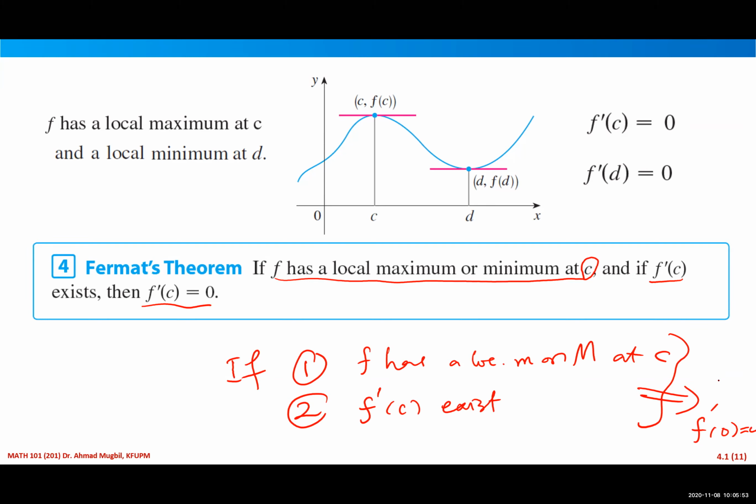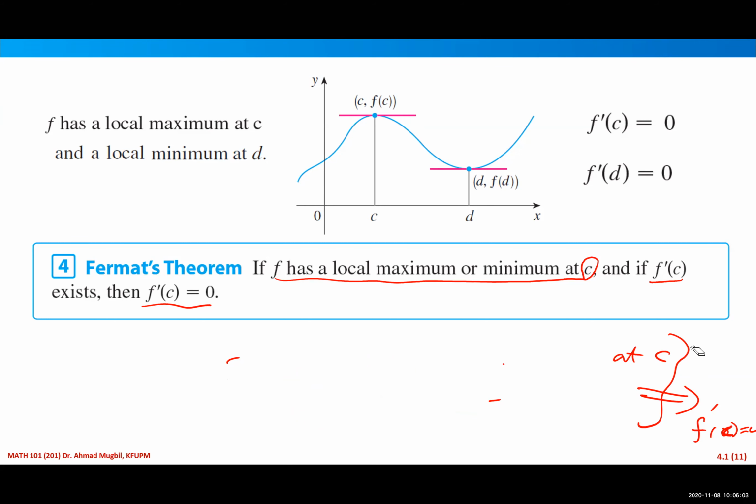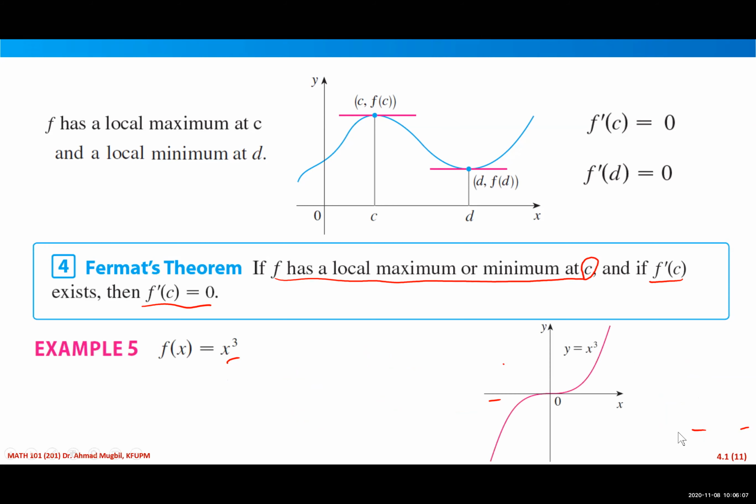But be careful, the opposite of this theorem is not true. What does that mean? If the derivative is 0, it doesn't mean that there is a local maximum or minimum. And the cubing function is the best example for that. This is a function whose derivative is 0 at 0, because this is the derivative.